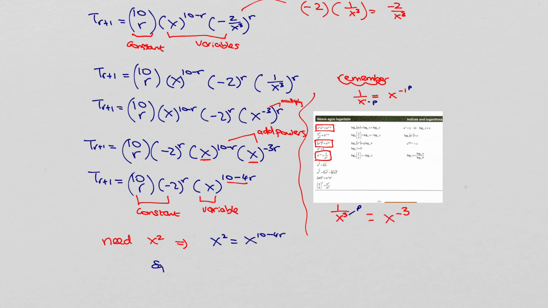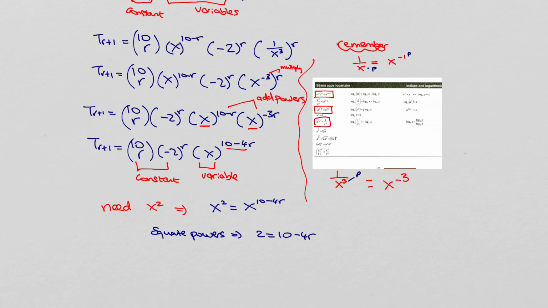So by equating the powers there, I end up with 2 equals 10 minus 4r. So bringing 4r to the left becomes plus 4r, and subtracting 2 from both sides, I get 10 minus 2 is 8. Divide both sides by 4, and r must equal 2.